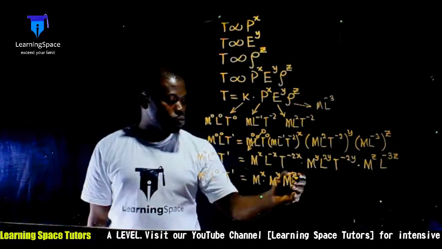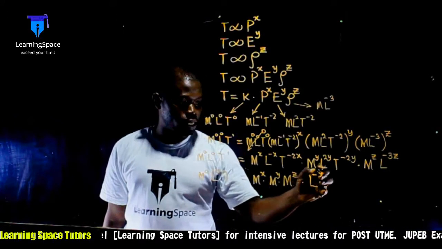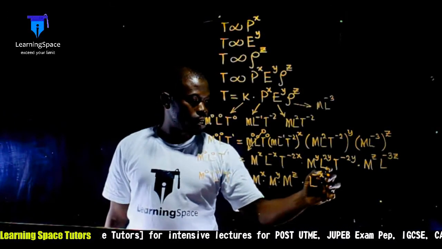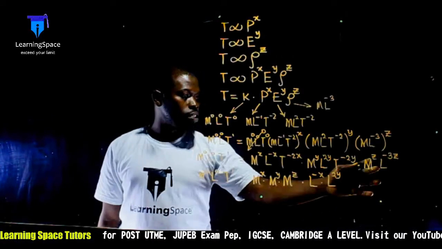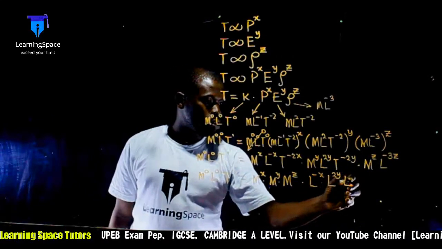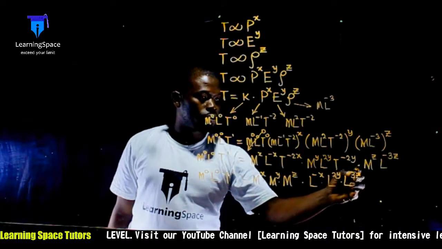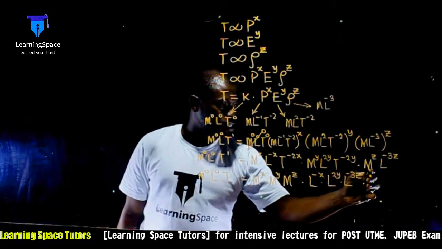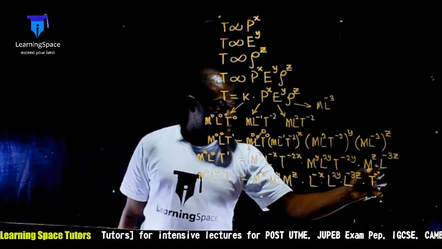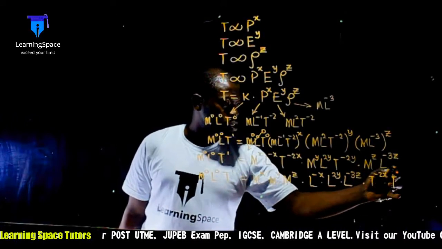For L, we have L^-x dot L^2y, then the third, L^-3z. If we go to our T, we have T^-2x dot T^-2y.